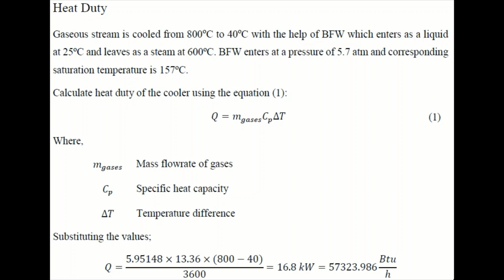Once you substitute the values, you obtain the heat duty as 16.8 kilowatt, or when you convert it into other units like BTU per hour, it becomes 57,232.986 BTU per hour.